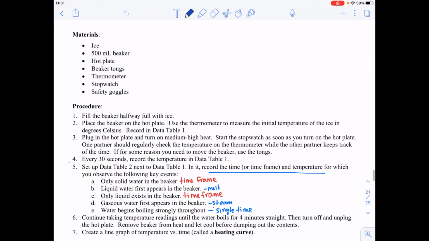For the procedure, we're basically going to have a beaker with ice in it, a hot plate, and a thermometer. I have a stopwatch as well. I did the video for you, but I'll go through that part when we get to the video. You'll see what we're doing.